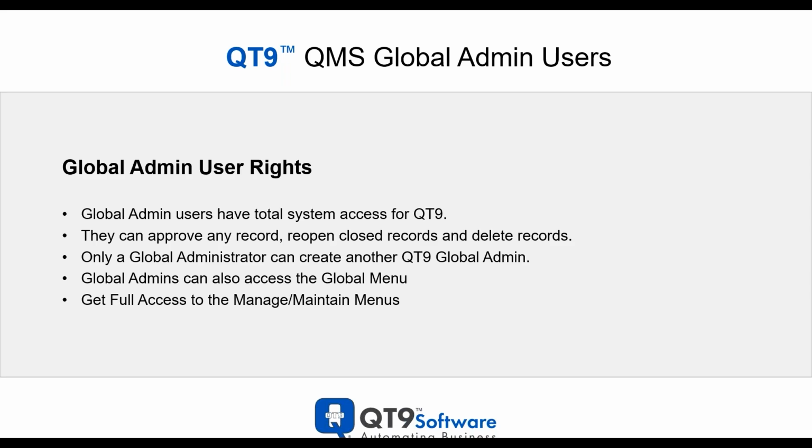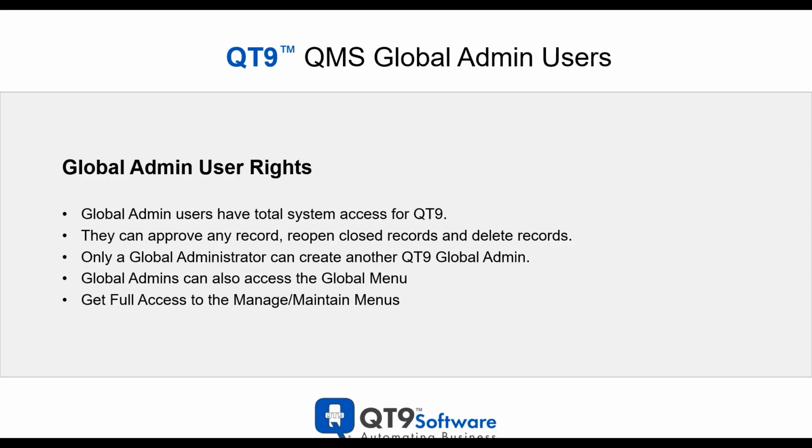Now, only a global admin can create another global admin as well. So these are things that we're going to touch on today too. Global admins do have something specific. They have access to the global menu, which dictates the settings for every site under your URL.